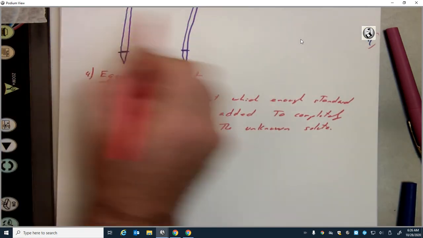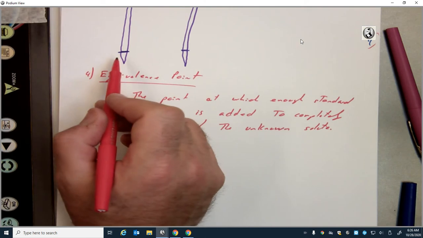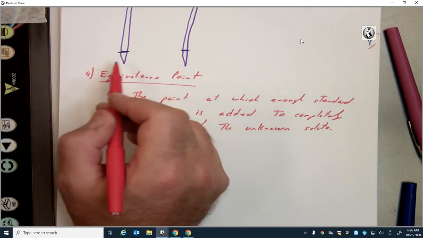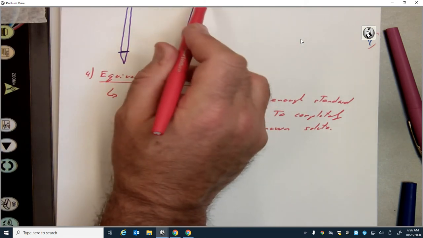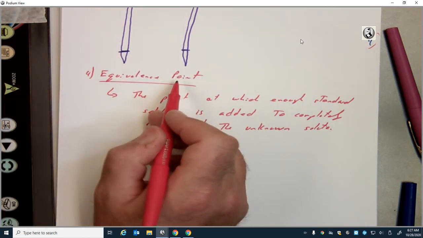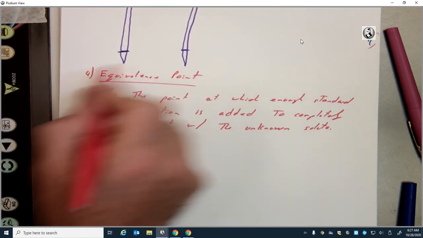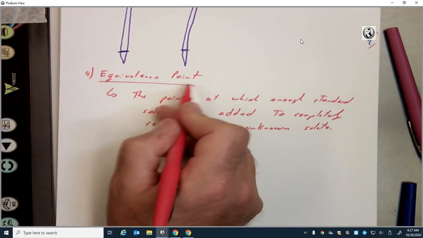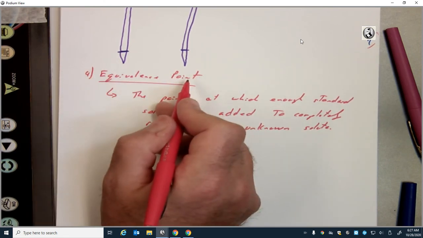So if this is my known and this is my unknown, I'm going to keep adding acid until all the base has been reacted. At that point, we've reached the equivalence point. Now, again, when we get to the acid and base unit, we'll talk a lot more about this equivalence point.